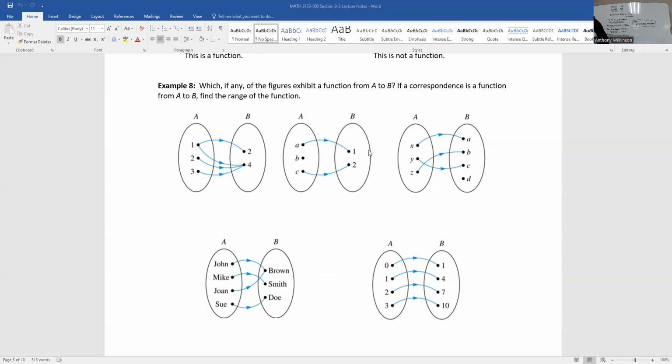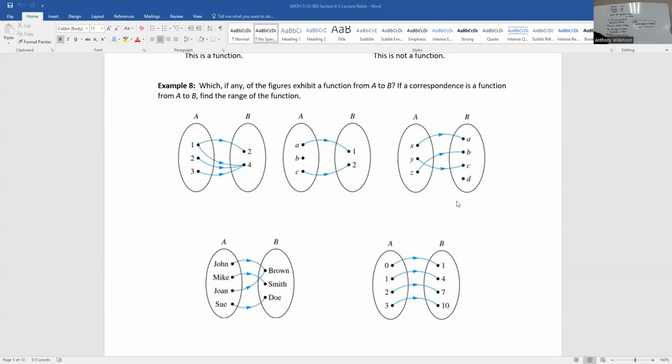Would that be a function? It would not. B is not going to anything in mapping B. Probably they should label this as X and Y, but here B is not going to any of these values in mapping B. Okay, questions on that one?